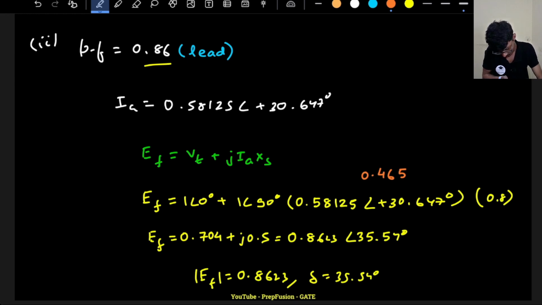So this comes out to be 0.763 actually. My bad. And this, 0.465 into sine of 120.647, comes out to be 0.4. So this, divided by 0.763, tan inverse.